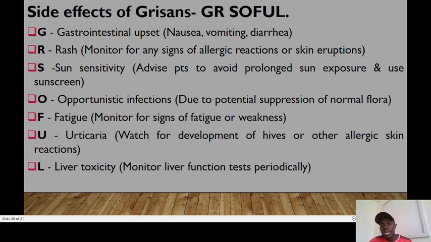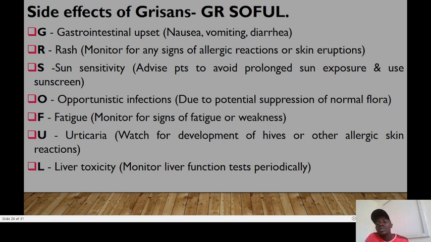We have some of the side effects of griseofulvin, with a mnemonic, GRSUFR. So the G stands for gastrointestinal upset, like nausea, vomiting, diarrhea. We could have rash, where the nurse is supposed to monitor for signs of allergic reactions or skin eruptions. Or the sun sensitivity. You have to advise the patient to avoid prolonged sun exposure and use a sunscreen when they are out.